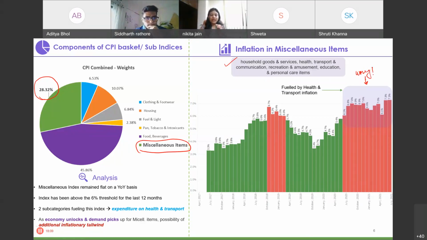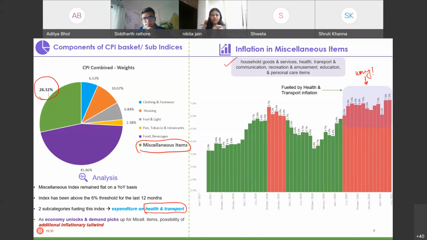And when we dug deeper into which items within miscellaneous were causing this inflation, we found out that health and transportation increased tremendously on a YOY basis in the past few months. There can be multiple reasons which can be attributed for this rise.